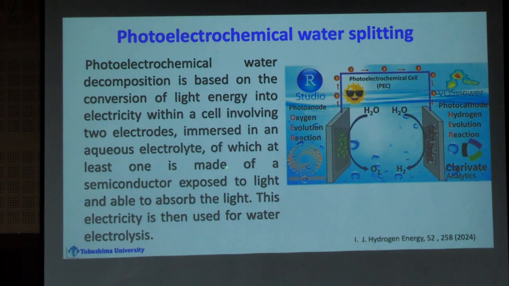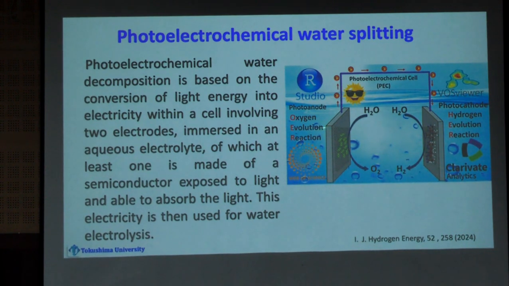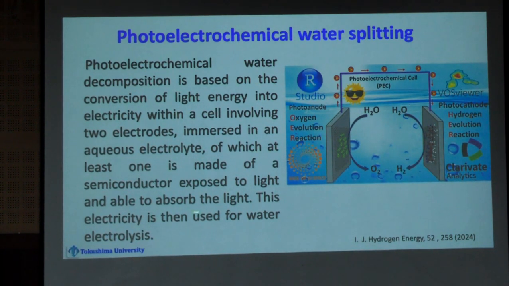At least one of them is made up of a semiconductor exposed to the light. So one is made up of a semiconductor and that is exposed to the light, able to absorb the light. In photocatalysis, I told you that if you are making a nanostructure, make sure that it should be sensitive to the light. So here, if you are looking for a good material, that material should absorb the light quickly.